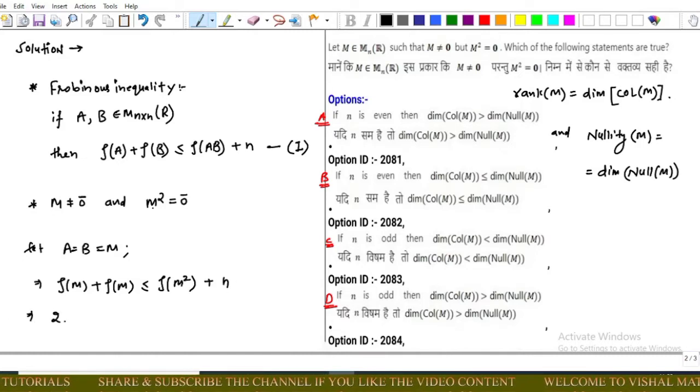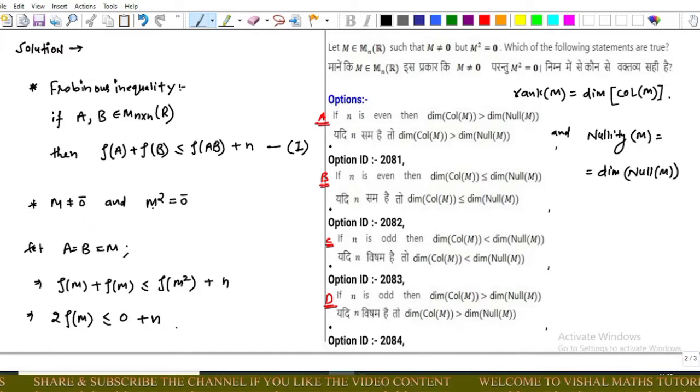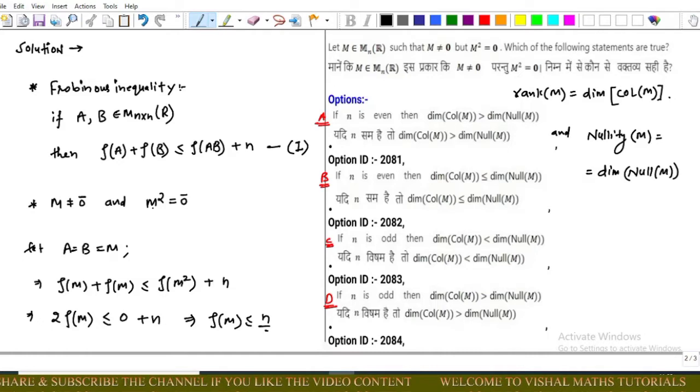This implies that 2 times rank of M is less than or equal to, as we know that the rank of the 0 matrix is 0, so 0 plus n. This implies that rank of matrix M is less than or equal to n upon 2. Say this is 2.